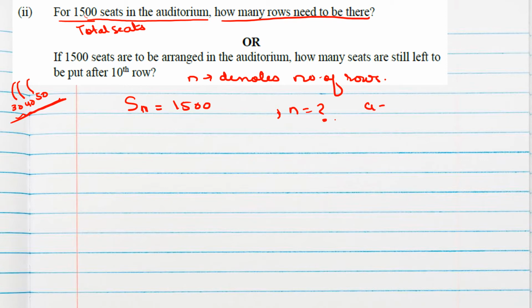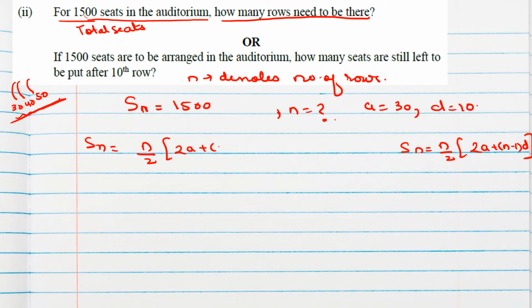Here the a value we will use same as given in question 1, because every question is related to each other. So a is 30 and d is 10. Now the general formula for Sn we know: n by 2 into (2a + (n - 1)d). We will write this formula and all the given values to find the n value, how many rows are there.